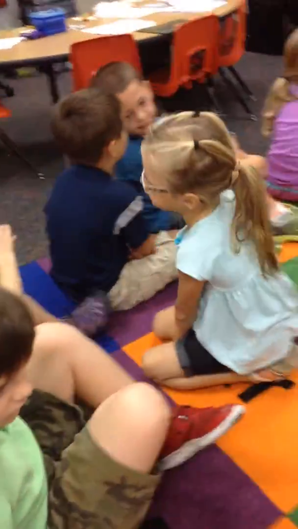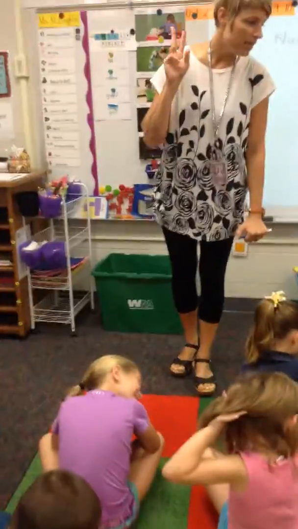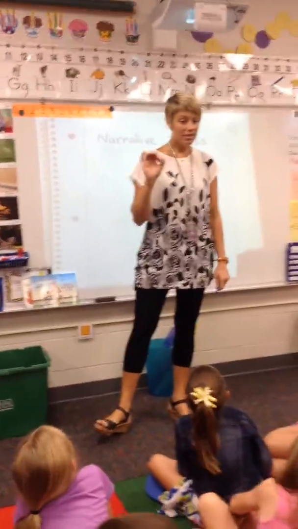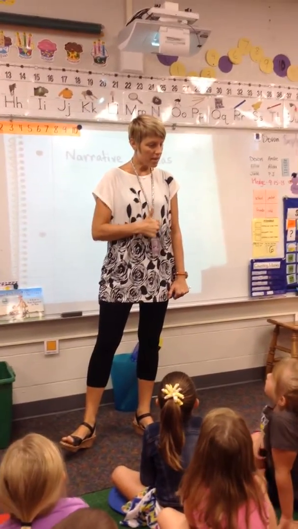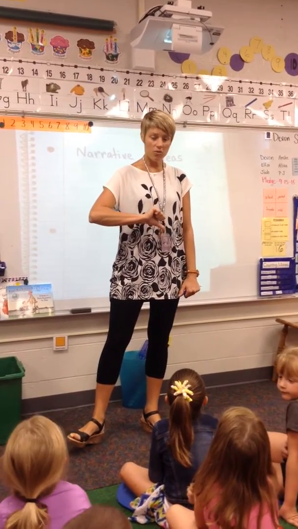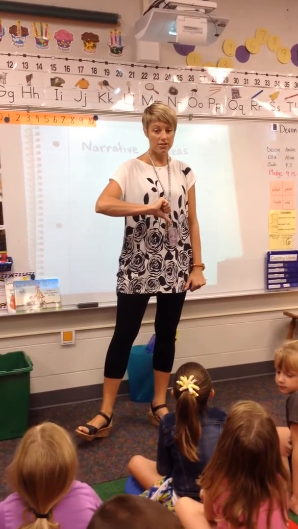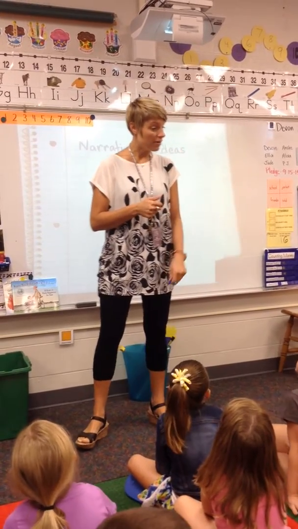5, 4, come back to me please. 3, eyes on me. 2, 1, 0. Now, in front of your bellies, show me a thumbs up. Yes, I understand what a narrative is, or a thumbs down. And it's okay if you have a thumbs down. That just tells me that I need to talk with you so that you do understand what a narrative is.